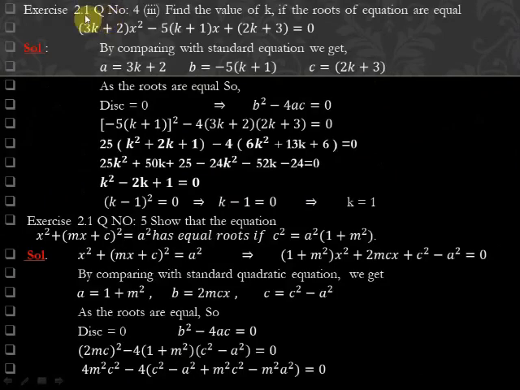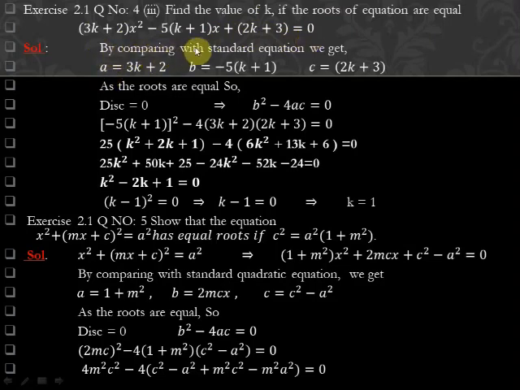Now students, we take another question, exercise 2.1, question number 4, part 3. Find the value of k if the roots of the equation are equal. The given equation of part 3, (3k plus 2) x square minus 5 (k plus 1) x plus 2k plus 3 is equal to 0.